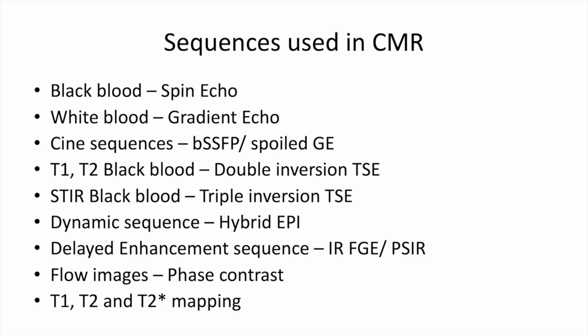The delayed enhancement images are obtained using a fast gradient echo sequence with phase-sensitive inversion recovery. The flow images use a phase contrast for velocity and volume data. Lastly, the T1, T2 mapping and T2 star images are parametric pixel level mapping techniques which are dealt with in separate talks.